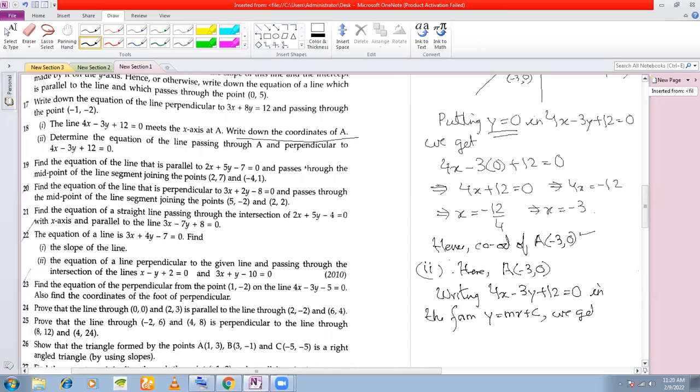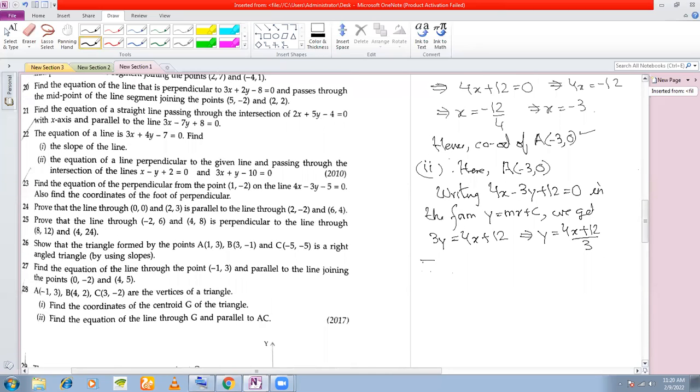we get 3y is equal to 4x plus 12, which means y is equal to 4x plus 12 by 3. It means y is equal to 4 by 3 x plus 12 by 3, which means y is equal to 4 by 3 x plus 4.